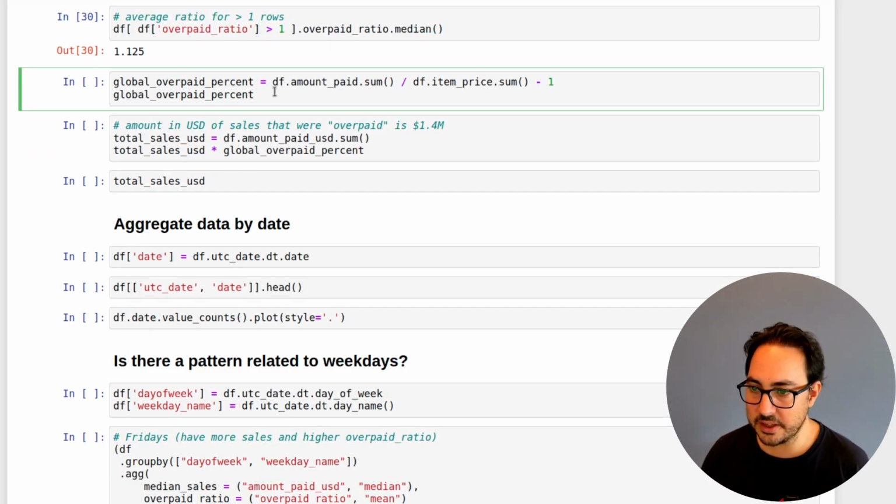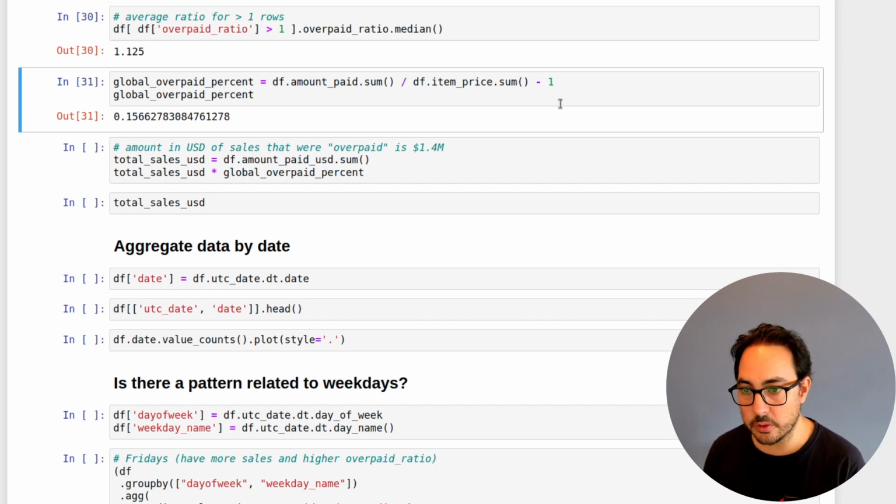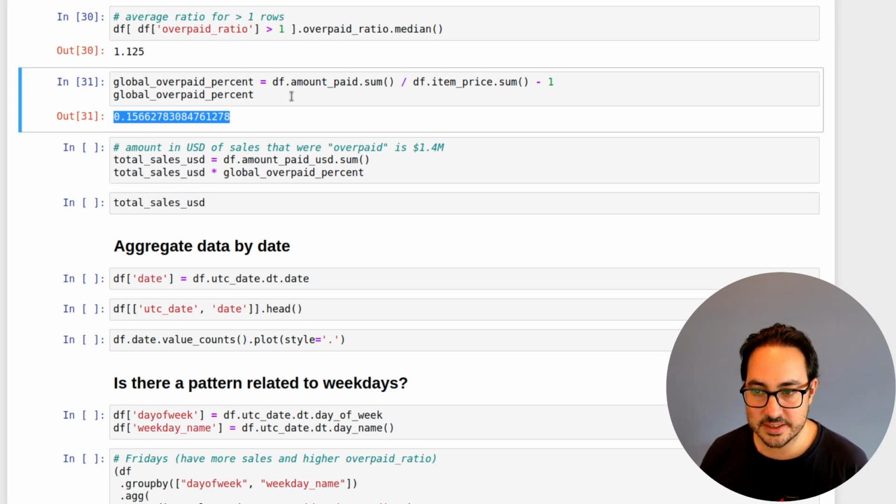What I'm doing here is computing the total of the amount paid, dividing it by the total of the price, and then subtracting 1. This gives me the global percent, the overpayment in aggregated terms. So we can say that 15.66 is the percentage of the items that were overpaid.